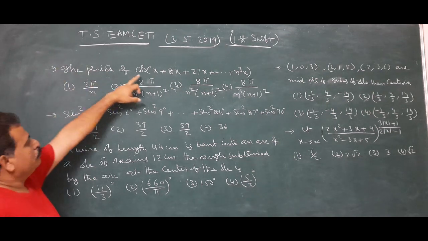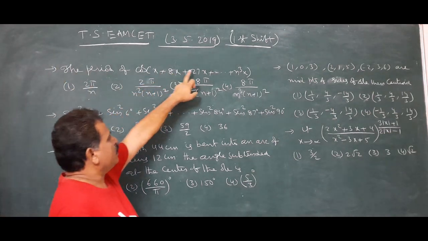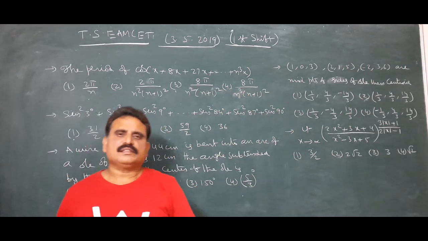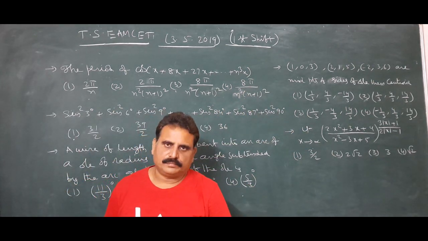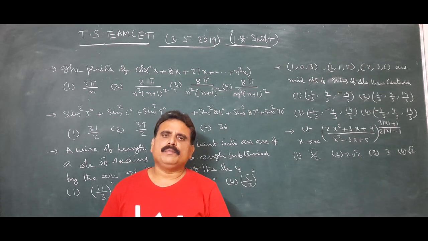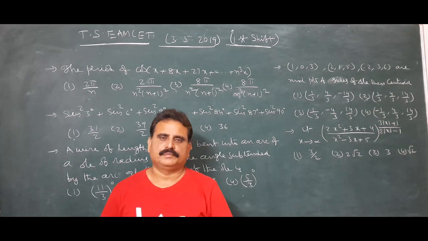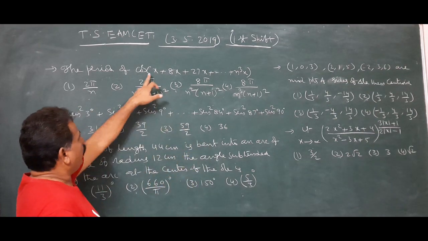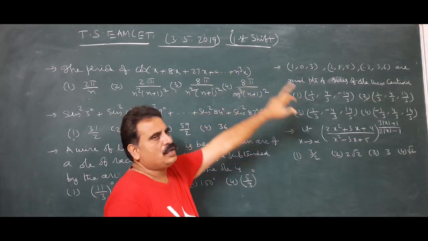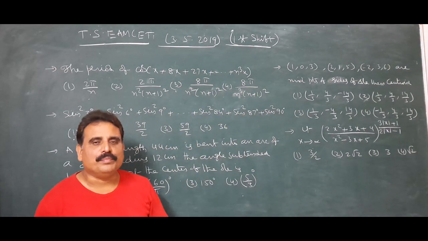The period of cos of x plus 8x plus 27x plus and so on plus n cube x. Cos x period is 2 pi. Cos kx period is 2 pi by mod k. Here the x coefficient is 1 plus 2 cube plus 3 cube plus and so on plus n cube.